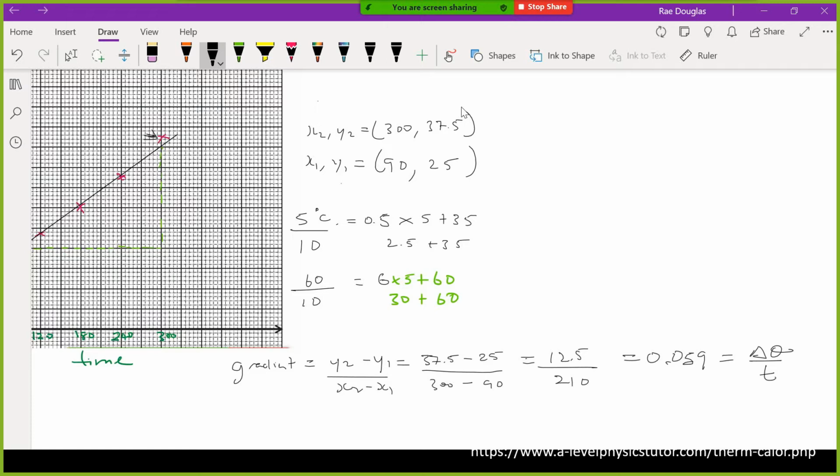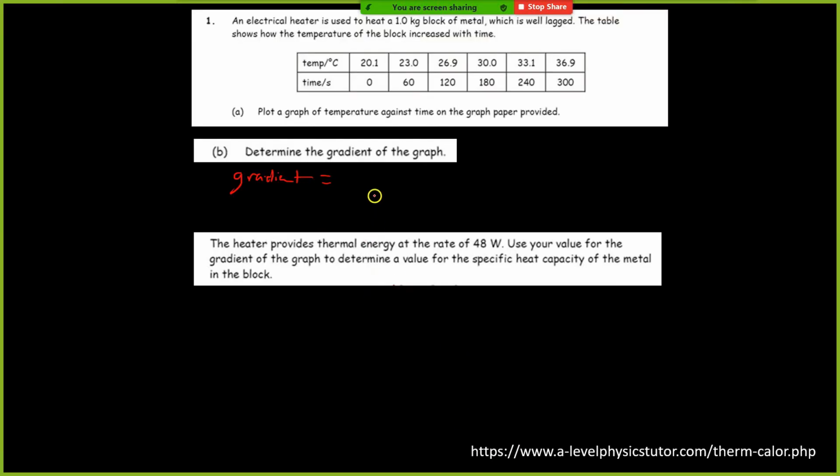That is what your gradient is, and you can put a unit to this as well, degrees per second for argument's sake. To not run the risk of losing maybe a half mark, you can just put a unit right here. Now we're going to take this information and bring it back over into this thing here.